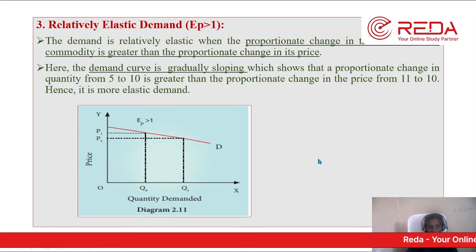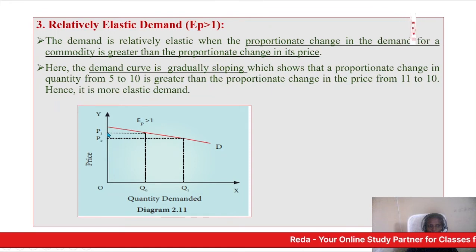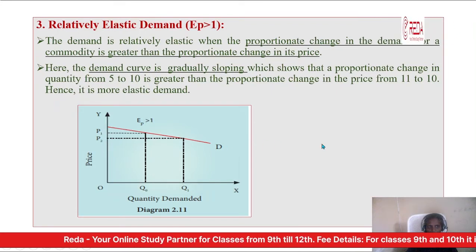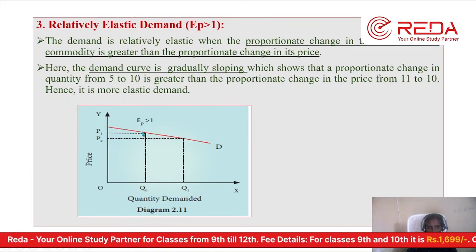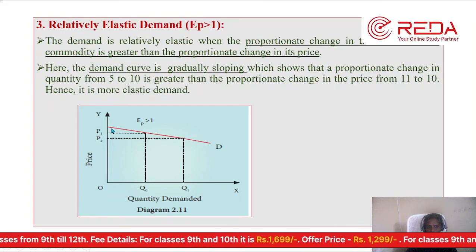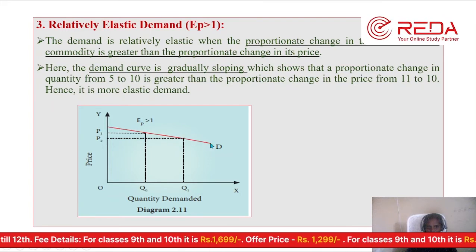For example, a decrease of 5 rupees in the price of a commodity will lead to an increase in the purchase of 10 quantity. The demand curve gradually slopes downwards. When you join these price and quantity points, you get the demand curve, the red colored demand curve.